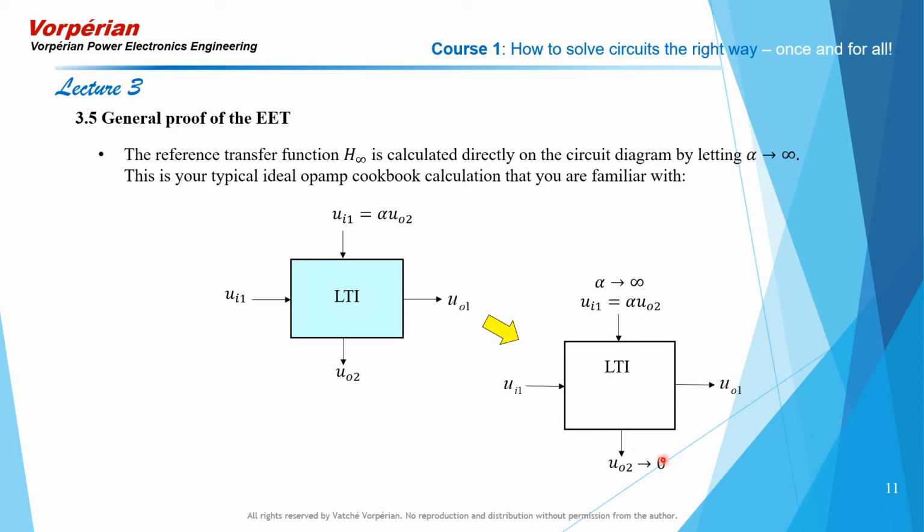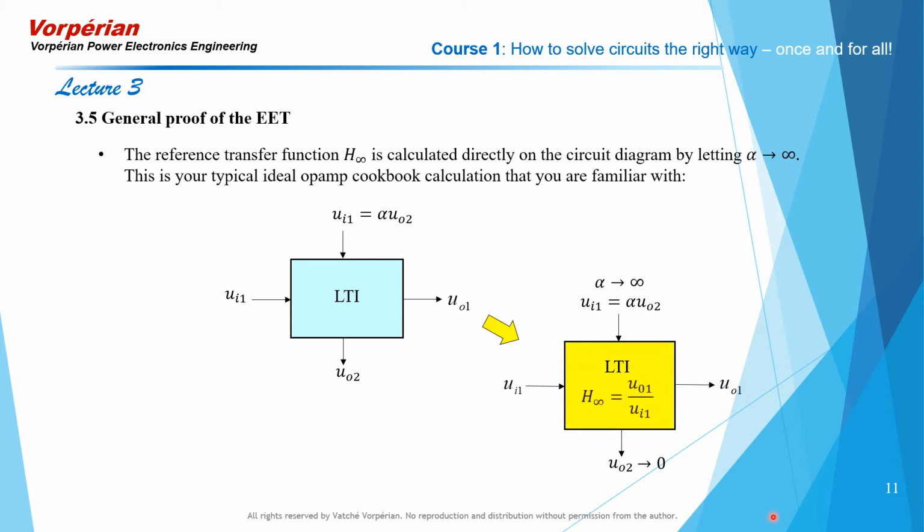Output 2 is not an output as such, it's a response, which we called output 2. The differential input voltage at the input of the operational amplifier is a response inside that circuit. When the gain of the operational amplifier goes to infinity, that voltage between the inverting and non-inverting terminals shrinks down to 0. And this is exactly what this is saying here: when you let alpha go to infinity in a dependent source, then output 2 goes to 0.